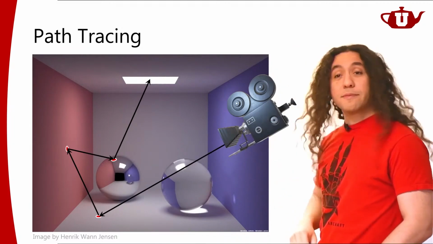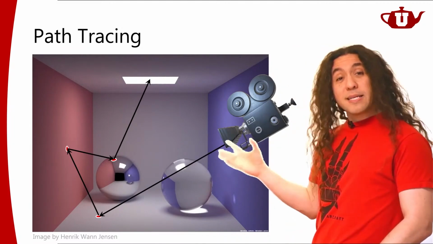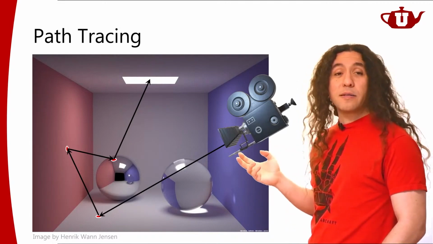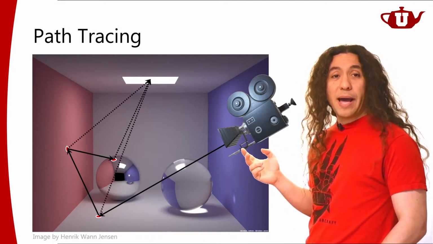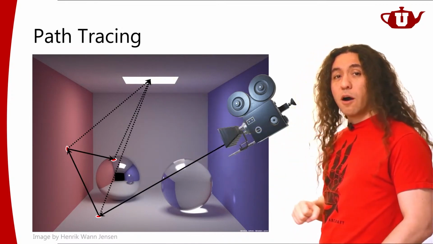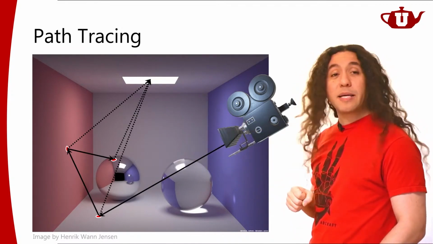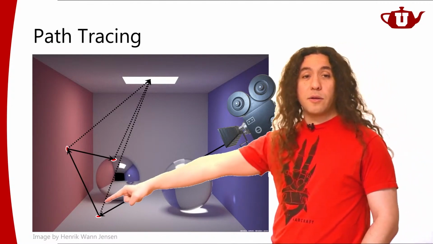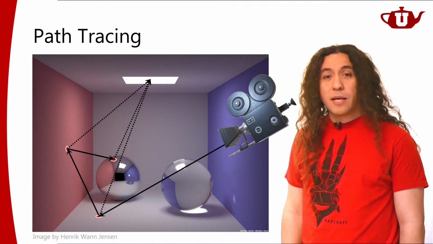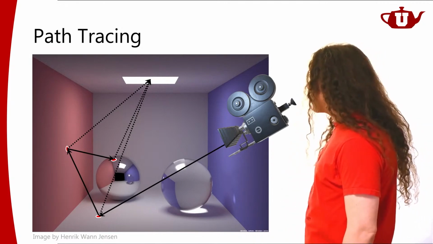Basically, what path tracing tries to do is find all possible light paths, starting from the light source, bouncing off of the surface, and coming to the camera from this point.